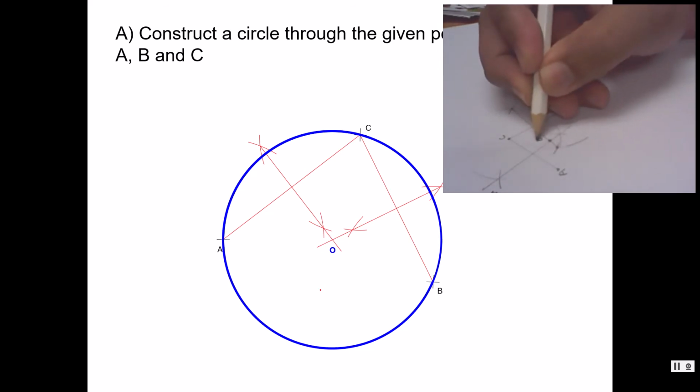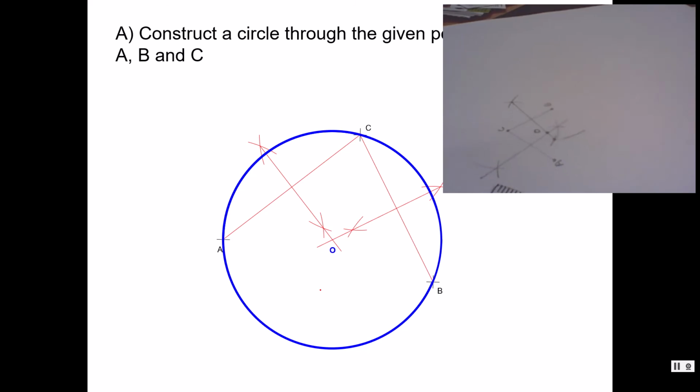So this is the point O, which is the center point for the circle.